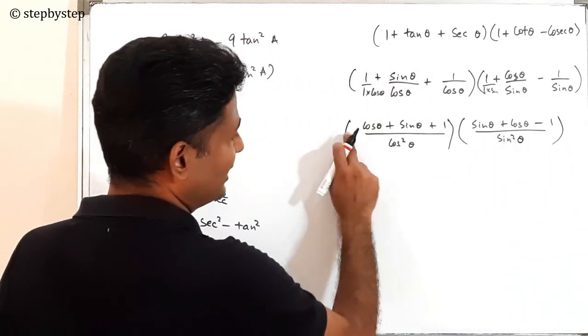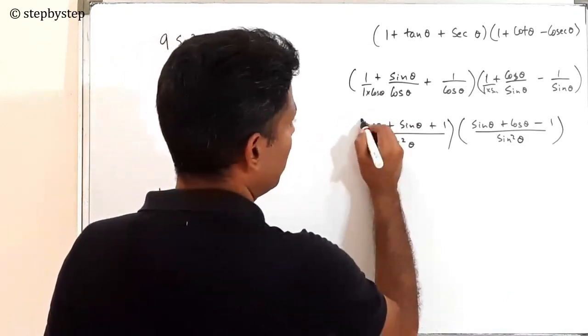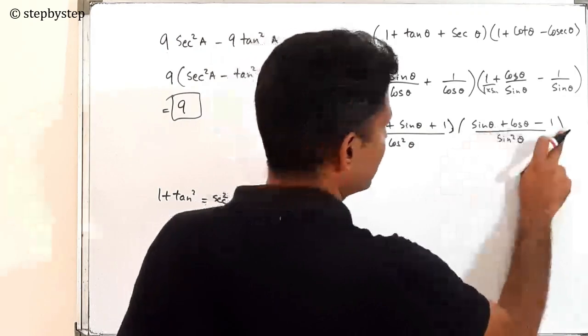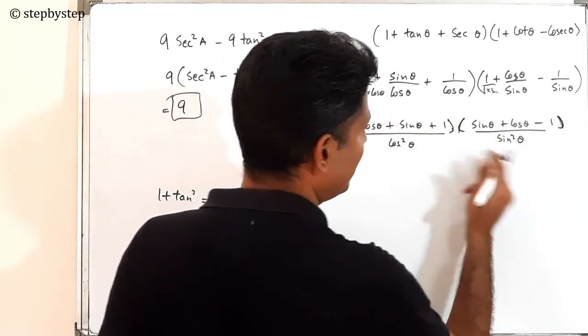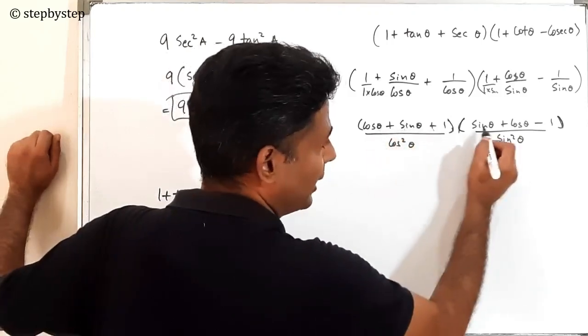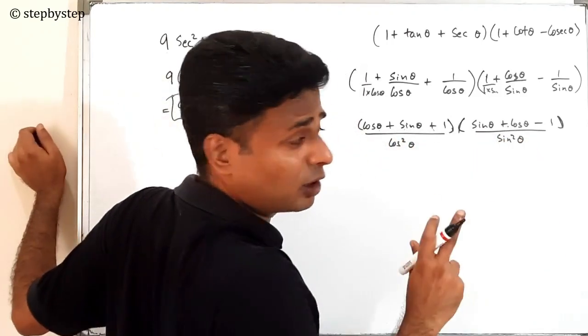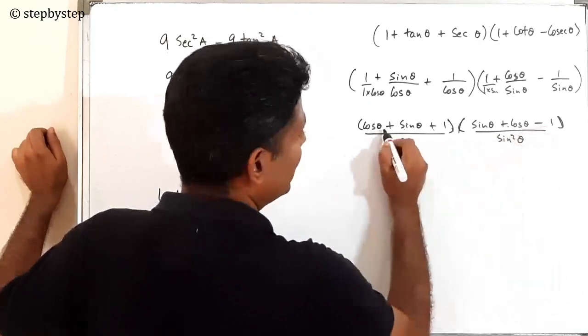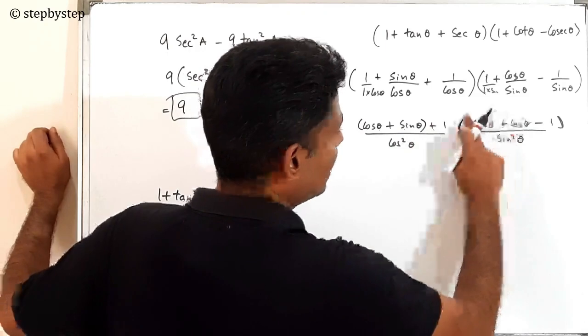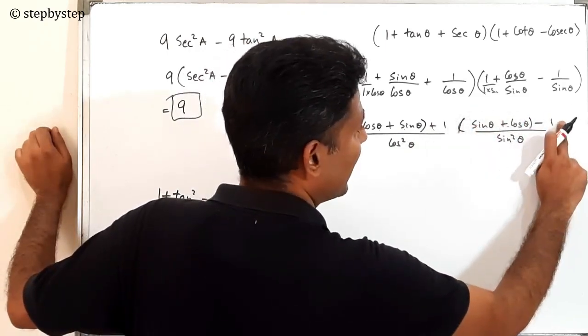Now if you observe, I can split this by this into this by this, right? So it becomes this by this into this by this. Now if you observe, here it is cos theta plus sin theta plus 1. Sin theta plus cos theta is nothing but cos theta plus sin theta minus 1. So if you group this together, you get this plus 1 into this minus 1.